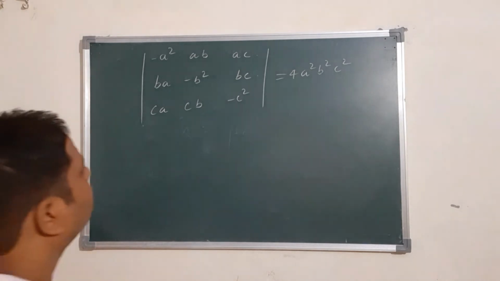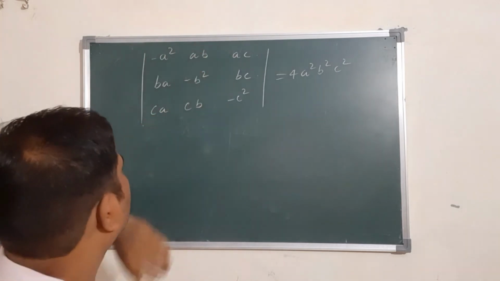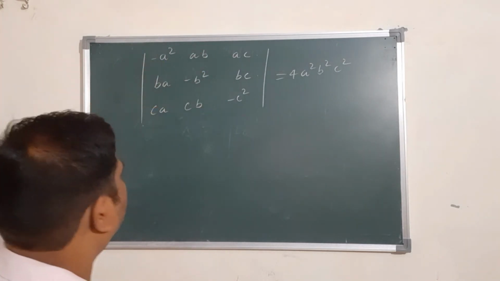You see here, a is common in that particular row and from that column.